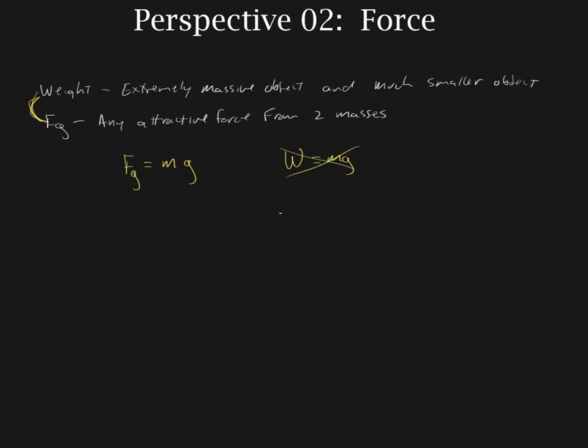We don't do this, okay? You may, if you're not one of my students, but we don't use W for weight. We use Fg for weight, okay? And it's because all weight is a force due to gravity, but not all forces due to gravity do we call weight. So we end up with Fg is equal to mg. Now, this equation here is what we would call the near-Earth approximation.